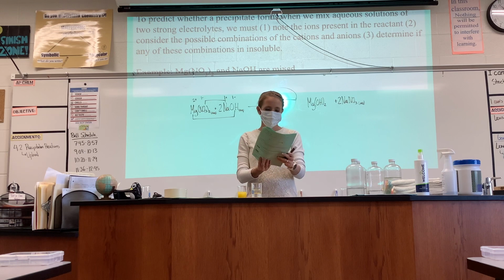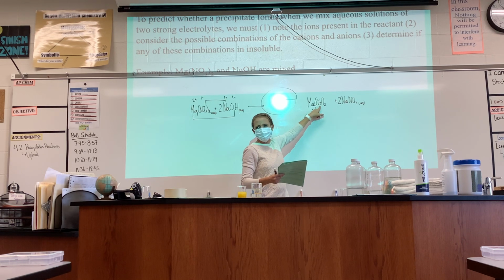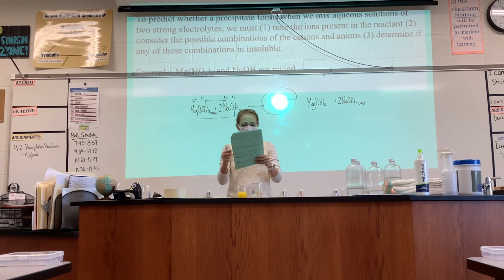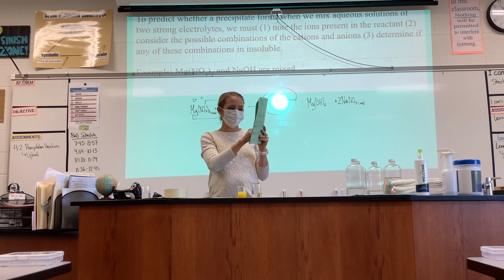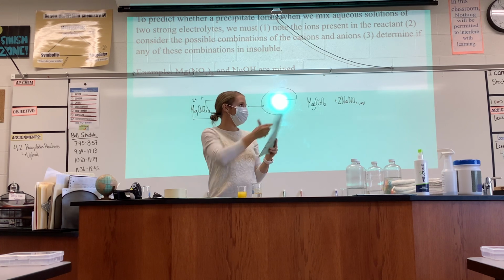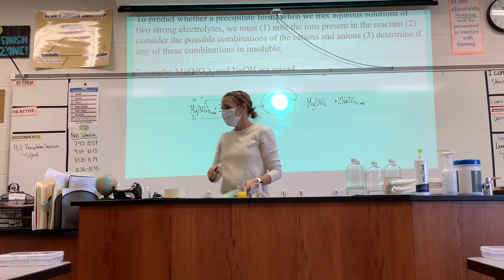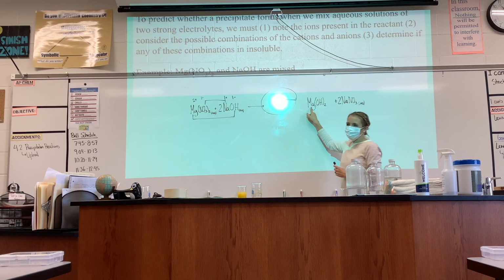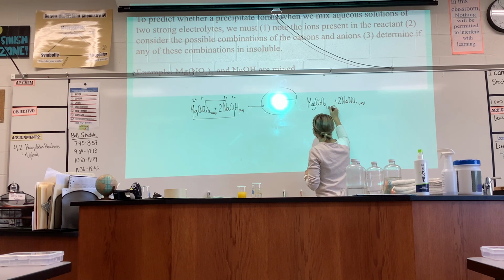Find hydroxide, because they're listed by their negative anion. Hydroxide is generally insoluble, except with an alkali metal, which means group 1, or ammonia. So, since it's not with either of those, it is insoluble, meaning a solid.